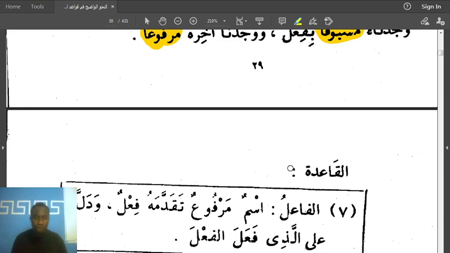You get to know who did the killing because of the dhamma on the Dawudu. وَقَتَلَ دَاوُودُ. So Dawood is the doer, the fa'il. Since it is ismun marfu'un, a noun that has dhamma, تَقَدَّمَهُ فِعْلٌ, that the verb has preceded, it is the one that is doing the action. And Jaluta becomes the receiver, which we will learn about soon, maf'ulun bihi. So this is the fa'il.